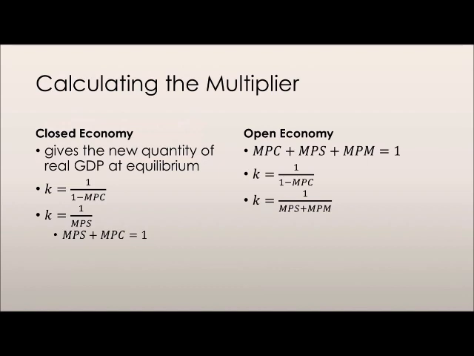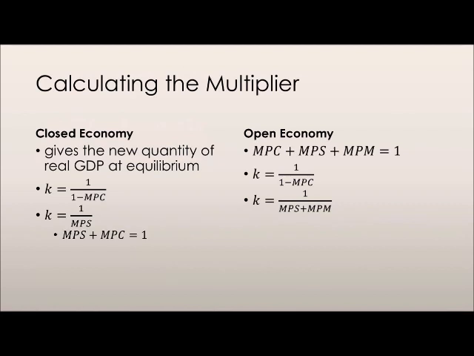In an open economy, we're going to assume that MPC plus MPS plus MPM, or marginal propensity to consume, plus marginal propensity to save, plus marginal propensity to import, is equal to 1. And again, an open economy does engage in international trade, so you do have to take into account the fact that people do buy imports. So not all of their spending is going to be counted as consumption. Some of it's going to be counted as imports.